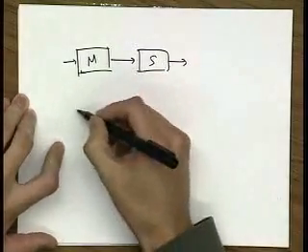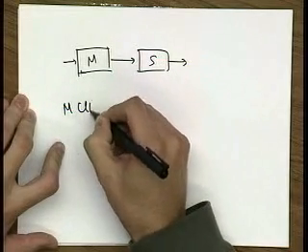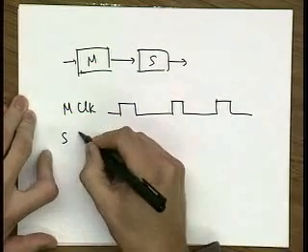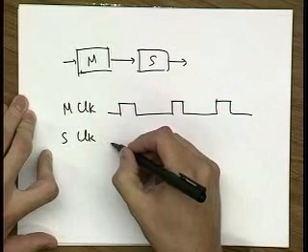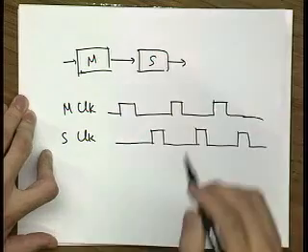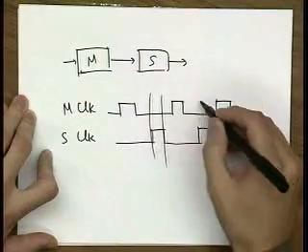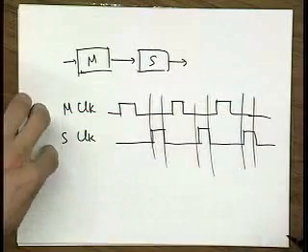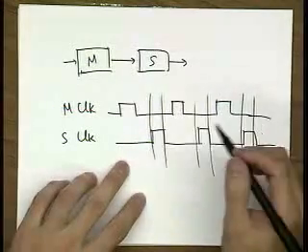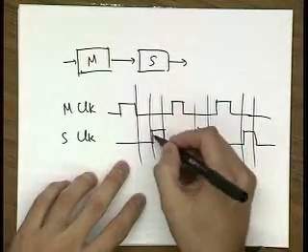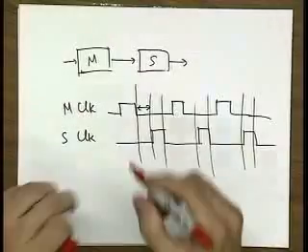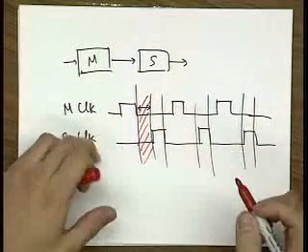So for example, in this case, if your master clock is equal to this, and your slave clock is this, then you avoid the overlap between the two latches. But then you have to pay a penalty in time, because there is this time, for example, when you want to sample your slave, and this is really wasted time. So that's not good, because you're doing nothing here.